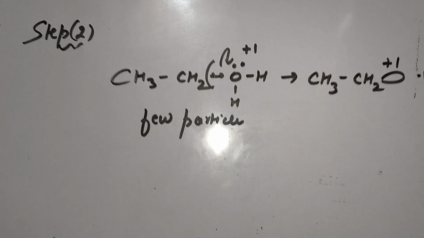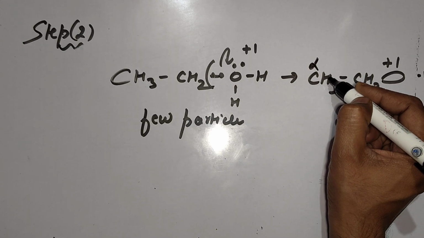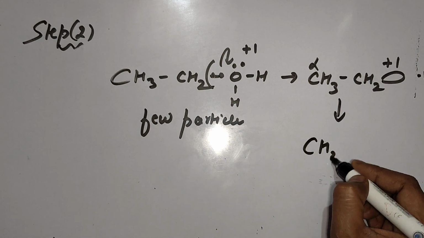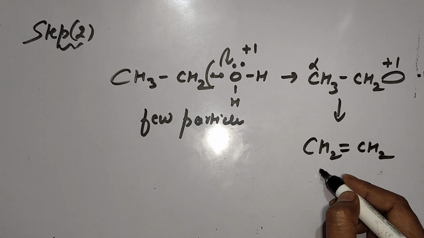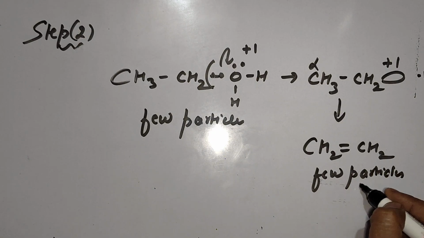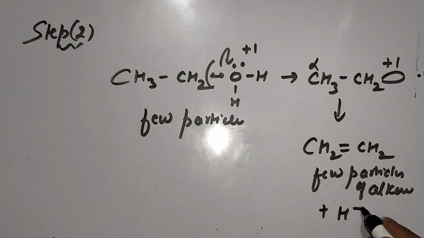Carbocation is generated, and this carbocation will be stabilized by this alpha carbon by the breakage of bond from hydrogen and shifting toward this carbon. So we will get few particles of alkene plus H positive, which will repeat whole cycle again. That's it. These are the main points.